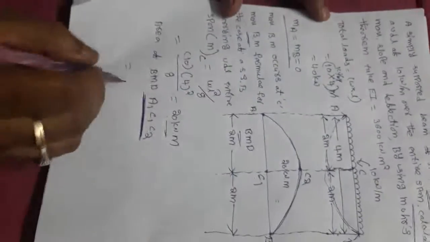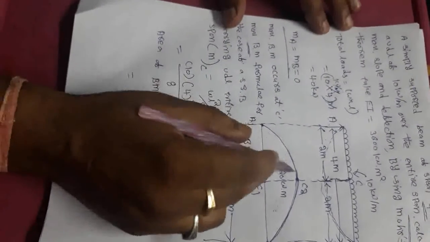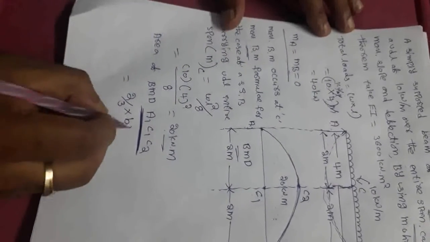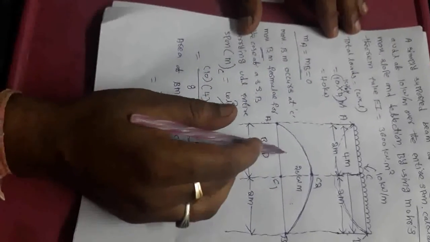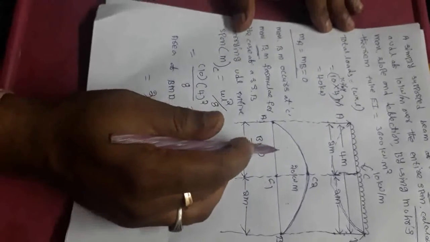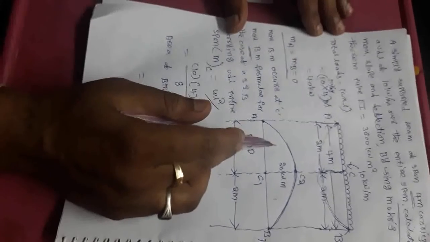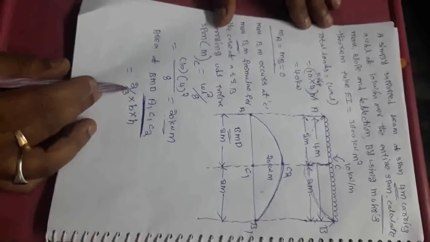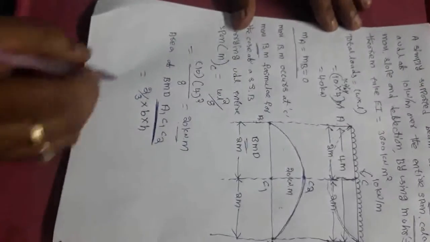The area formula for a parabolic shape is 2 by 3 into base into height. If it looks like a triangle, the triangle area formula is half into B into H. But here the diagram looks like a parabolic shape, so the area formula is 2 by 3 into base into height.